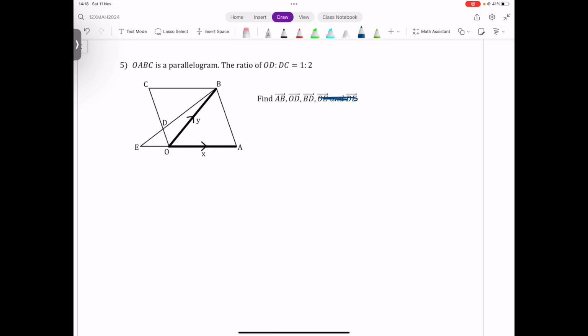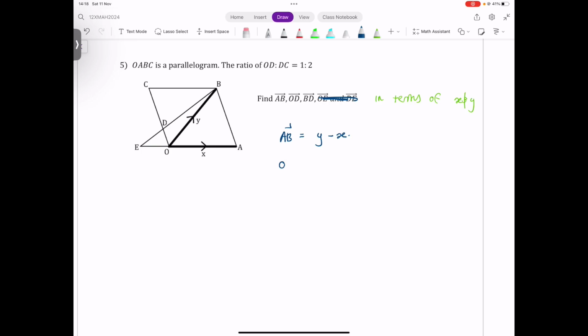Okay, question number 5. We're told that OABC is a parallelogram, and the ratio of OD to DC is 1 to 2. And we're finding AB, OC, and BD, and we're going to do that in terms of x and y. Okay, AB is nice and easy. AB is simply y minus x.